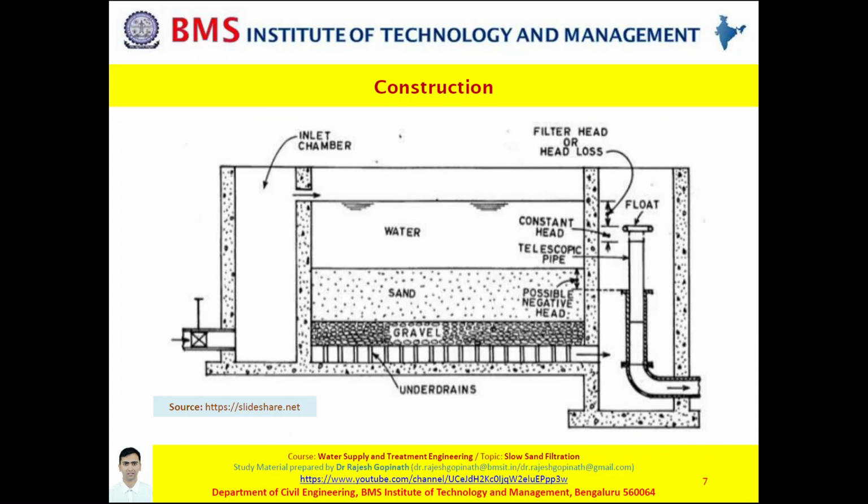The under drainage system is what we are going to discuss further. The under drainage system basically comprises two essential utilities: the main drain, and the laterals.